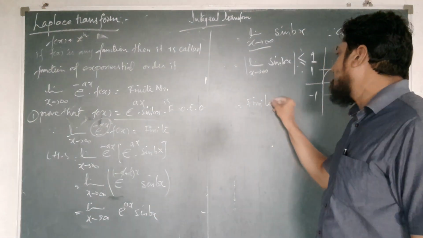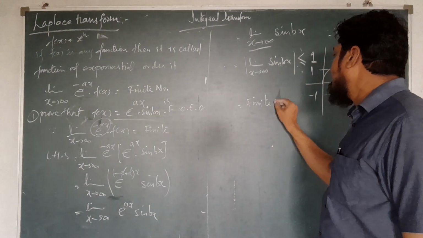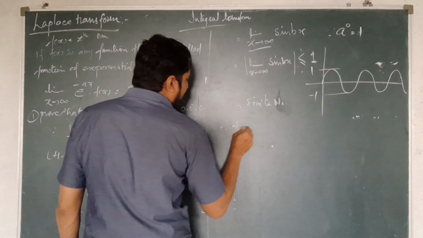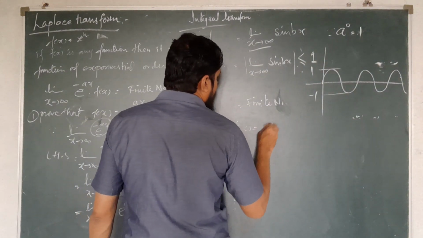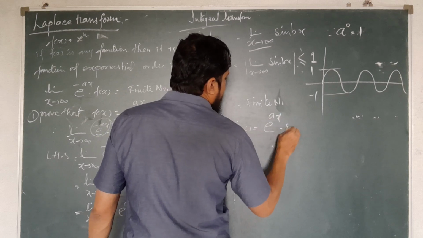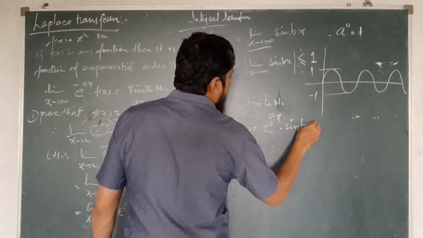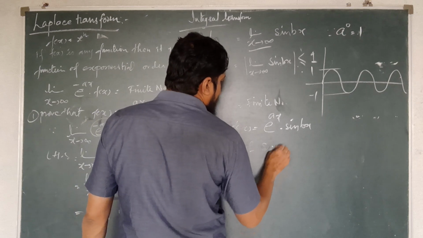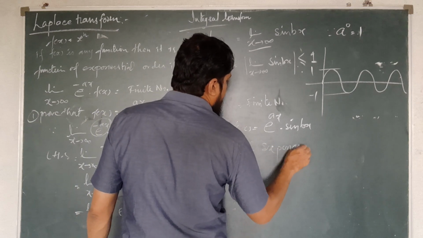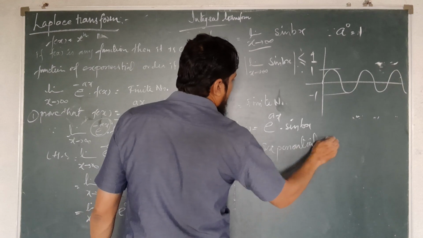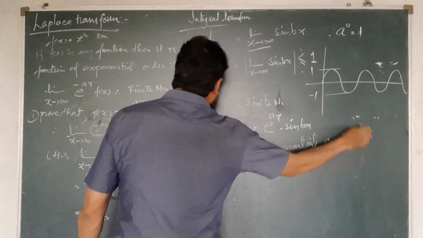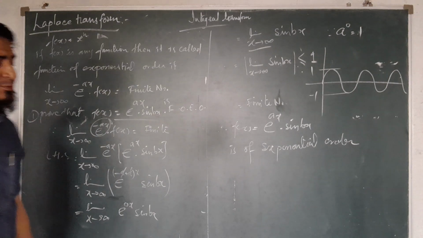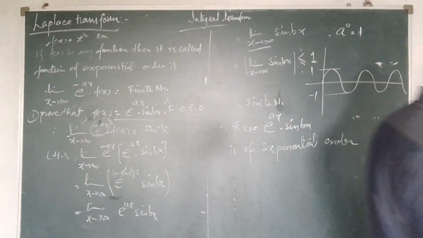That's why it is a finite number. Therefore, f of x is equal to e raised to ax sine bx is a function of exponential order.